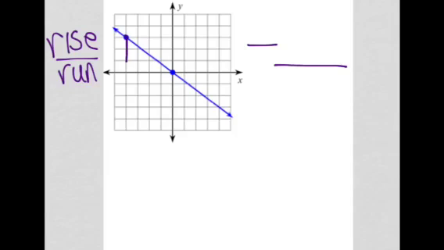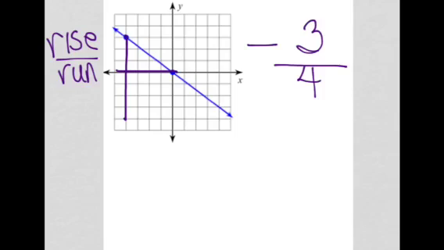So I draw my line down, I draw my line over, and I start counting. 1, 2, 3. My top number will be a 3. Then I count over. 1, 2, 3, 4, which makes my bottom number a 4.